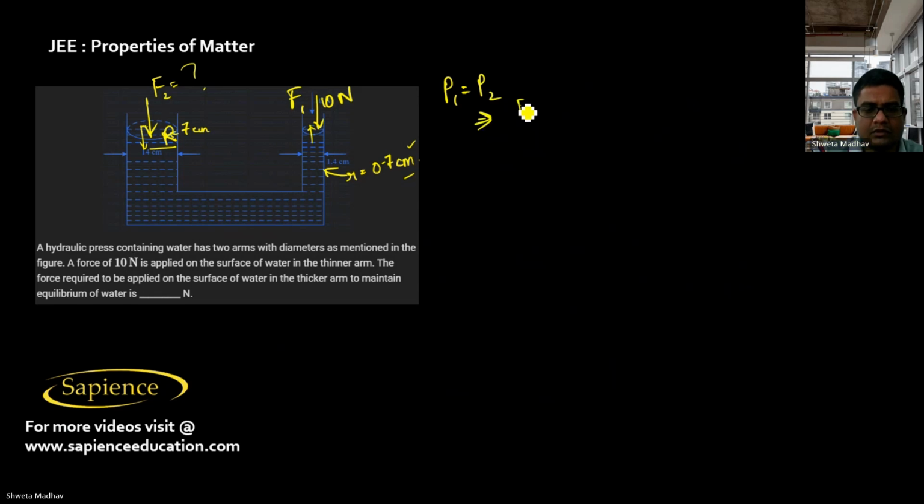So which means that F by A1 is equal to F2 by A2.